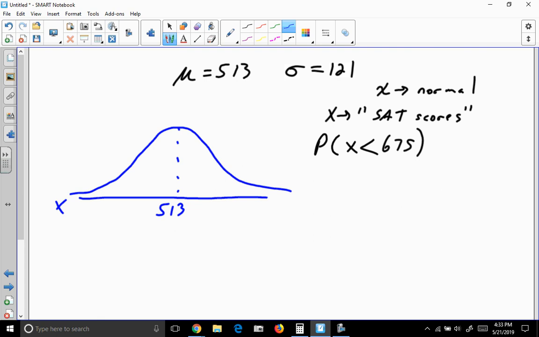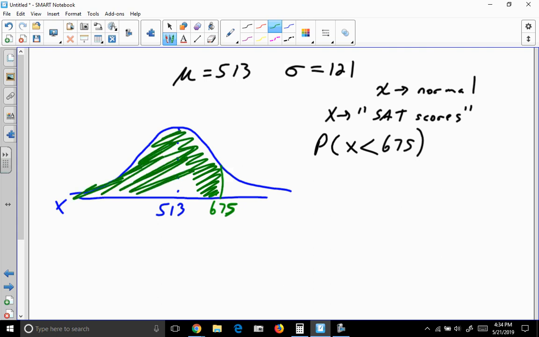So we want to find the probability that someone makes less than 675. 675 is more than the mean. So we want to find what percent of people make less than 675.